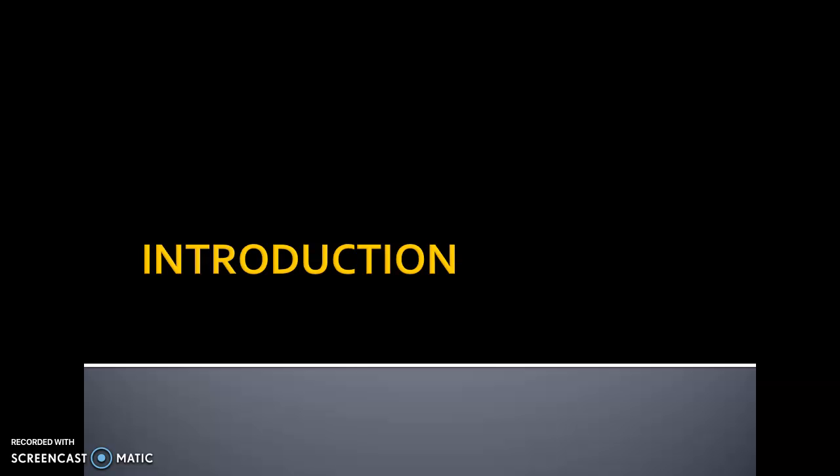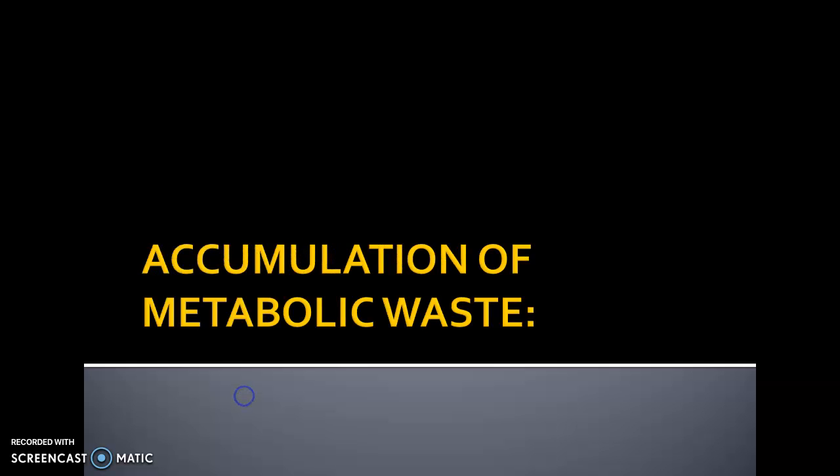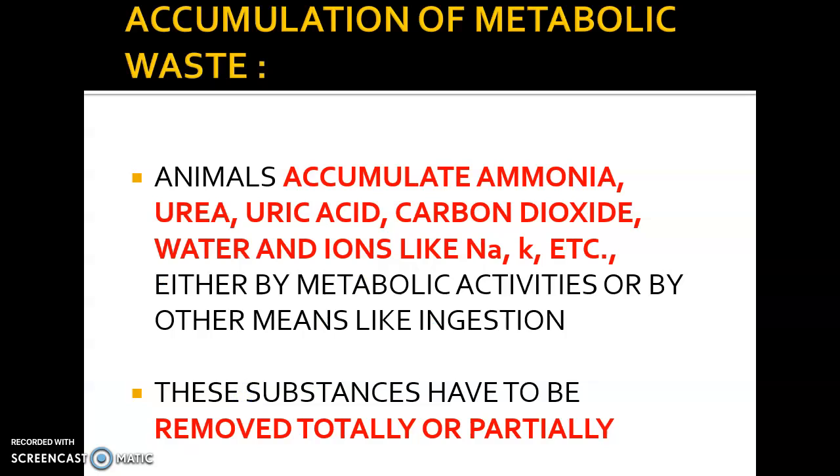Similarly, what is the substance on which your excretory system is working? It is your metabolic waste. So we'll begin our discussion on this chapter by trying to understand how the metabolic waste accumulates.